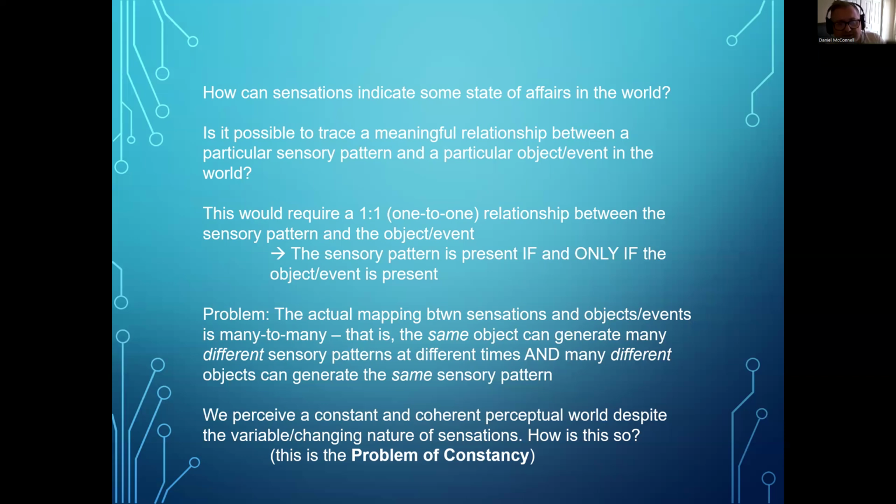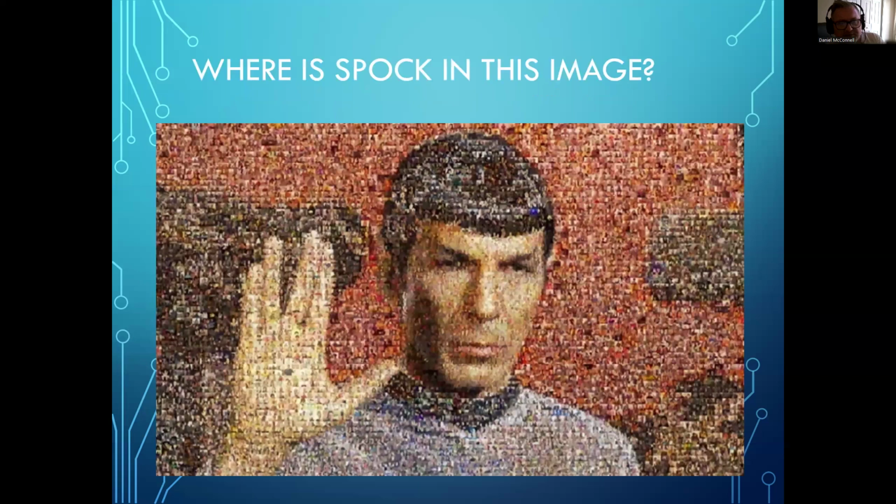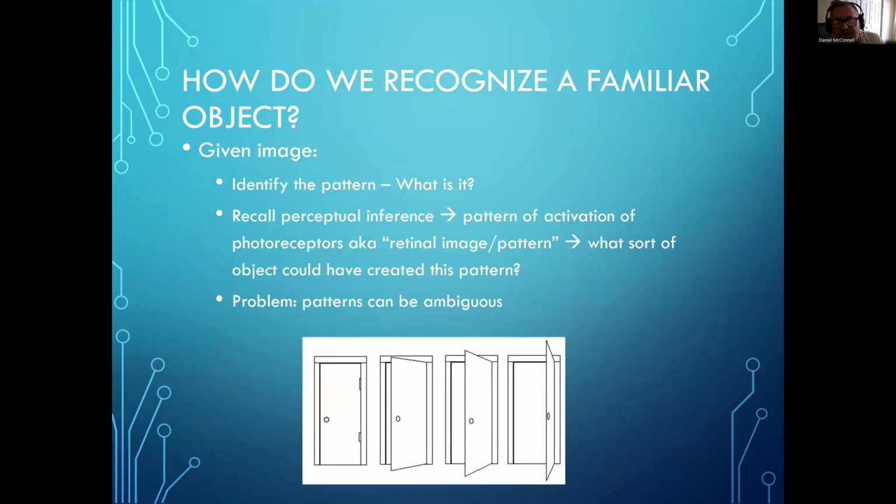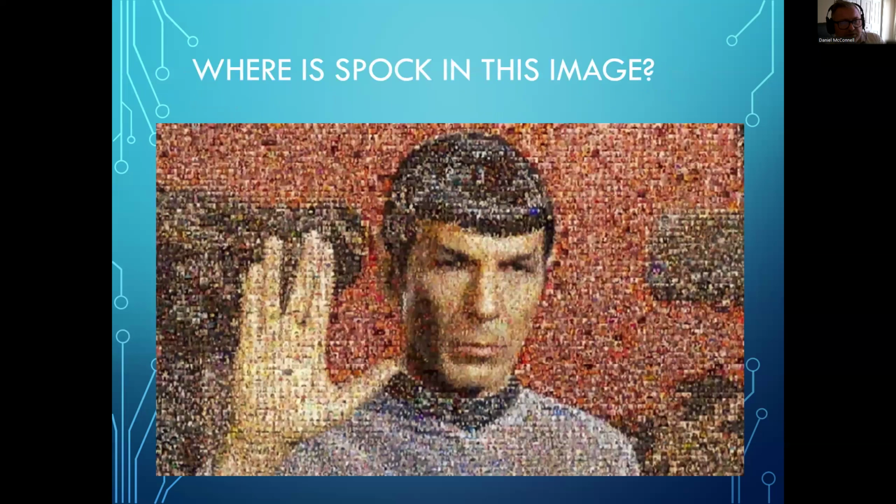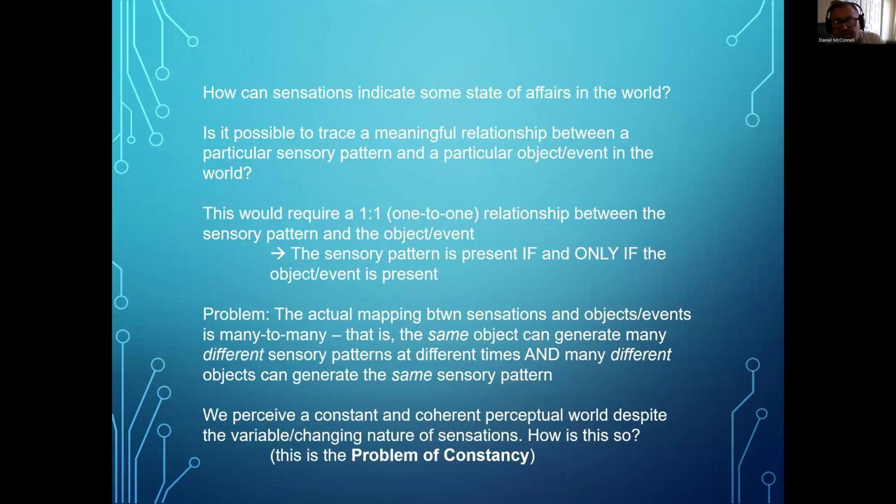But the image that I showed you a couple of slides back, let me just run back there, proves that that's not the case, right? Here we have the door seen from 4 different positions. And so even though it's the same object, it's 4 different sensory patterns. So there is no one-to-one mapping between object and sensory pattern.